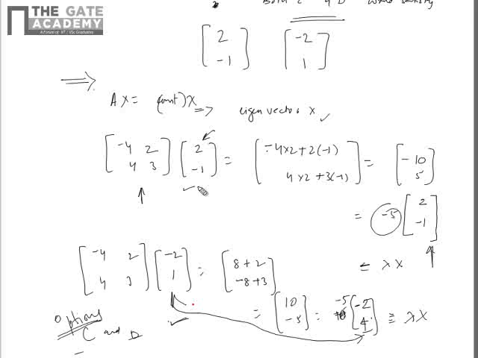Once you multiply, it should come out in such a way that Ax is some constant times x, and that constant is basically your eigenvalue lambda. So you should multiply the matrix with the vector such that you get back some constant times the same vector. Obviously only one of the options will satisfy, and that option will be your eigenvector.